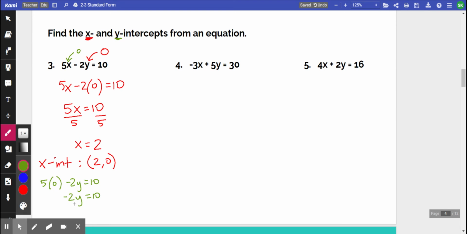Divide both sides by negative 2, and we get y equals negative 5. So the y-intercept for number 3 has the ordered pair (0, negative 5).